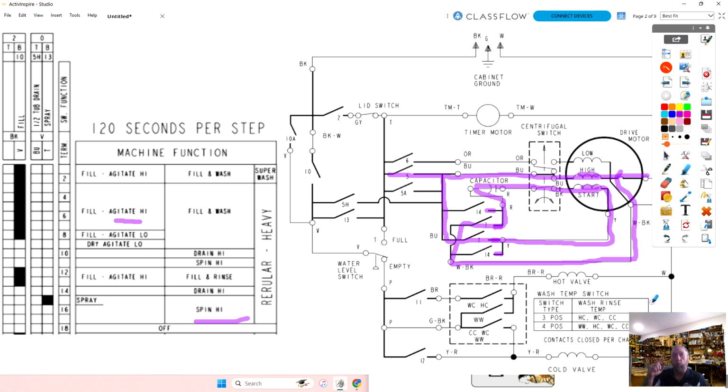Now, watch. What is the difference between the wash cycle for this motor to run and the spin cycle? Well, in the spin cycle, I go through the run winding the same way, but here I go through the start winding.